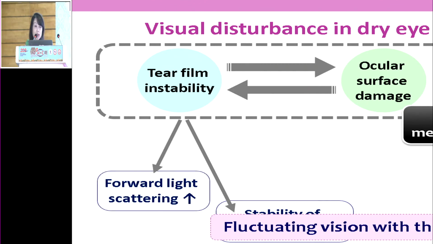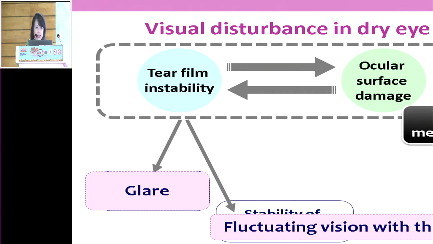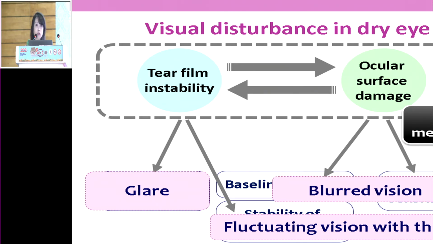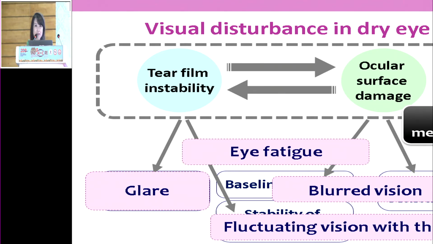Tear film instability also increases forward light scattering in dry eye, which explains glare. And ocular surface damage increases higher order aberrations and decreases contrast sensitivity, which explains blurred vision. Dry eye patients are always trying to see objects under these conditions, so they feel eye fatigue.